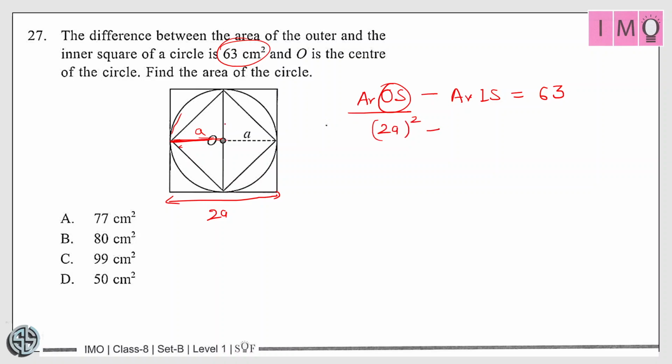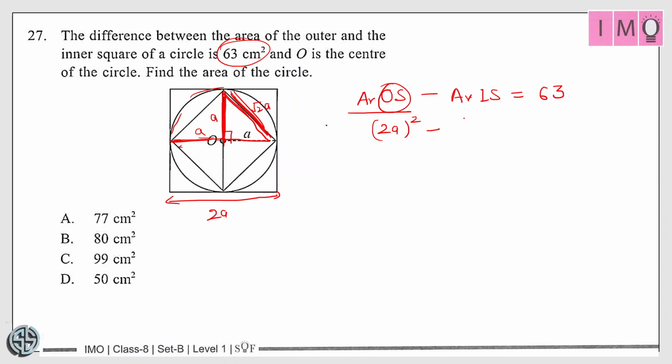Now for the area of the inner square, we have to know the side of this square, what will be the length. As you can see, this is a, and this is also equal to a because this is also the radius of this circle. Now in this right triangle, this is a and this is a, so this hypotenuse will become root 2 a by Pythagoras theorem.